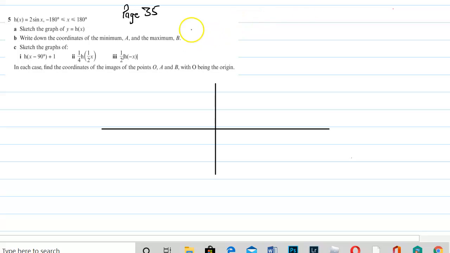Suppose these are our coordinates. This is -90, -180, then this is 90 and 180. The y-axis is 1, 2, and this way -1 and -2.